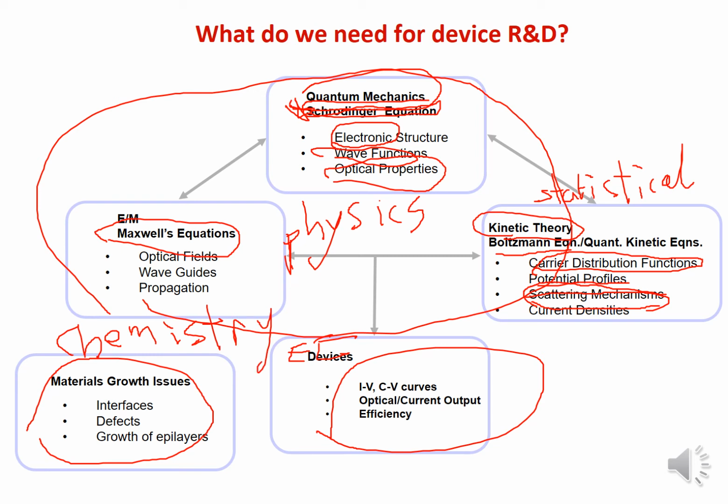Still, it is being studied a lot. Interface issues, defect issues, growth of epi layers, especially these days. People care about monolayer structures in 2D. So it matters a lot these days too. They are all mixed together, so at least you should know these concepts.